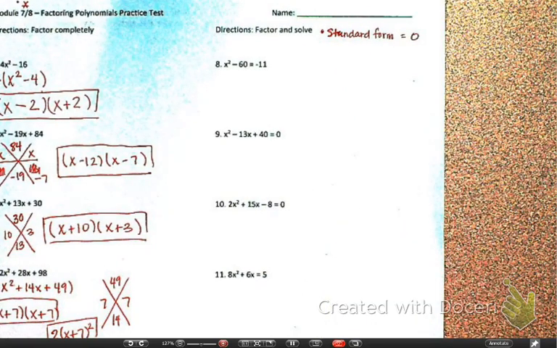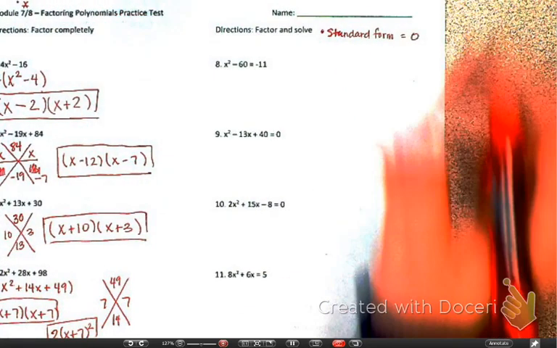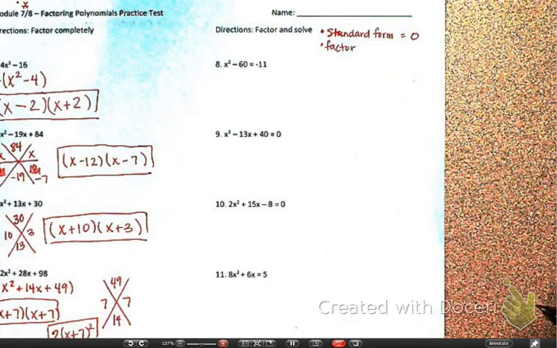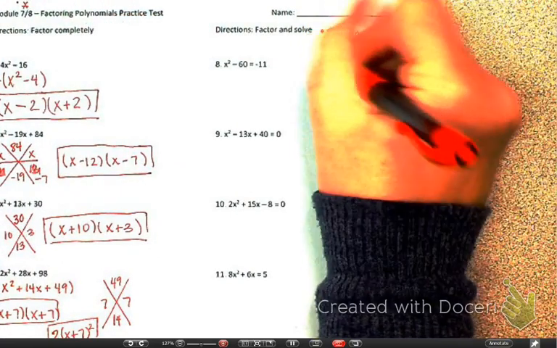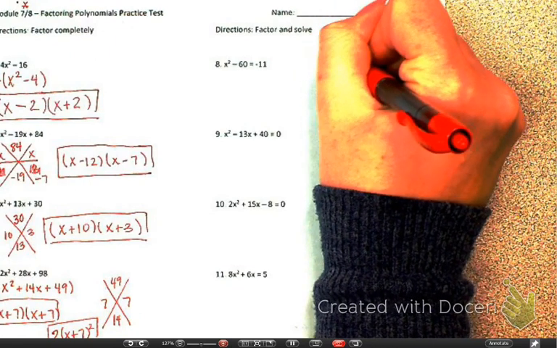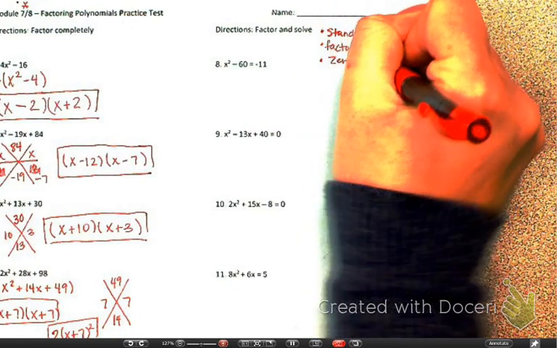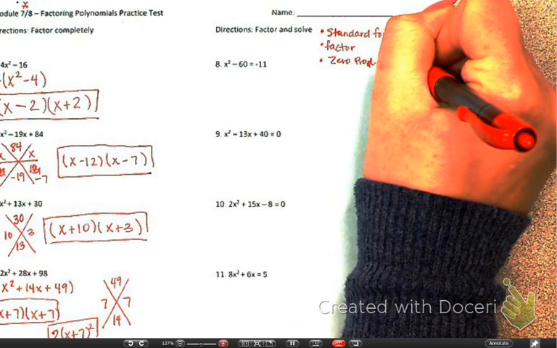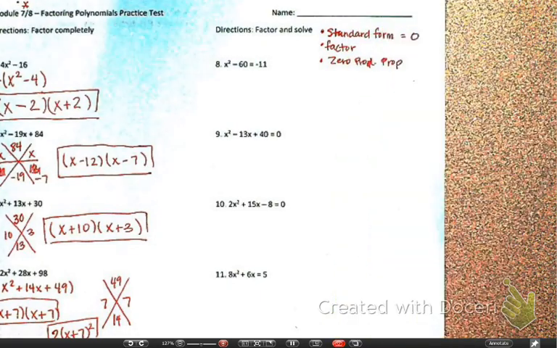So you'll have it in standard form and your equation will be set equal to 0. You will then factor just like we did on problems 1 through 7. And then the last part is the zero product property. Setting each of those terms equal to 0.